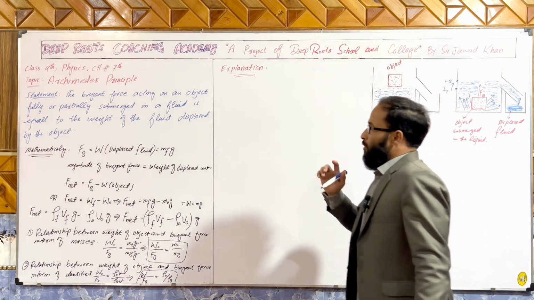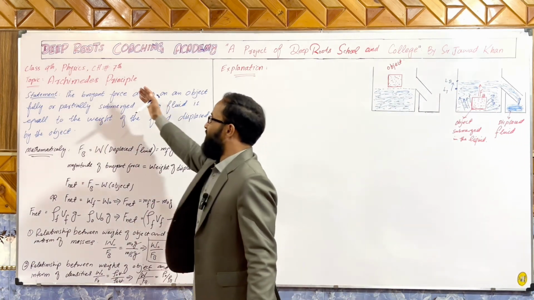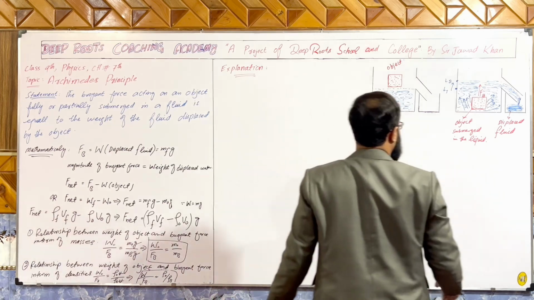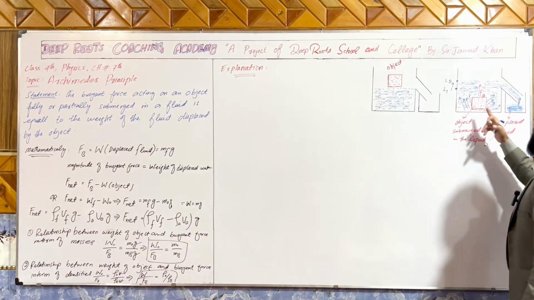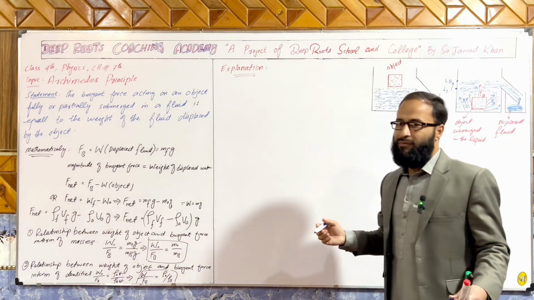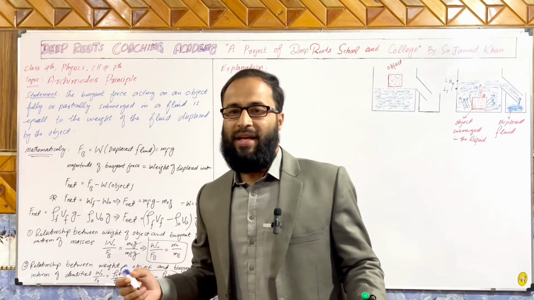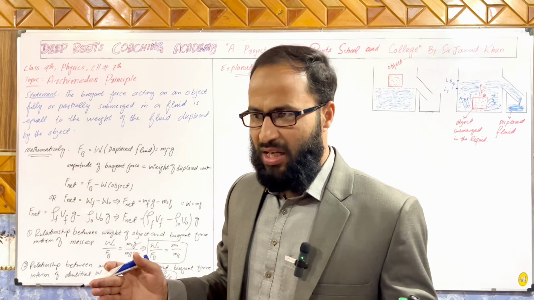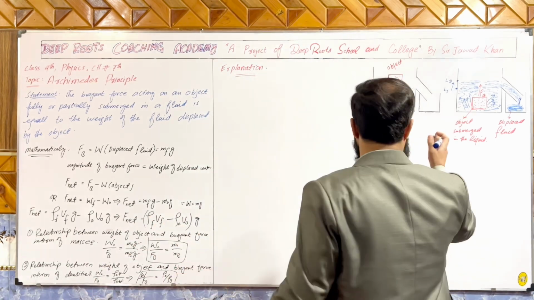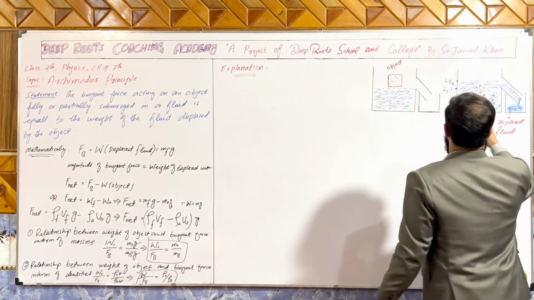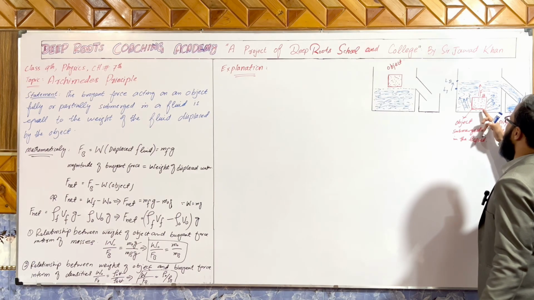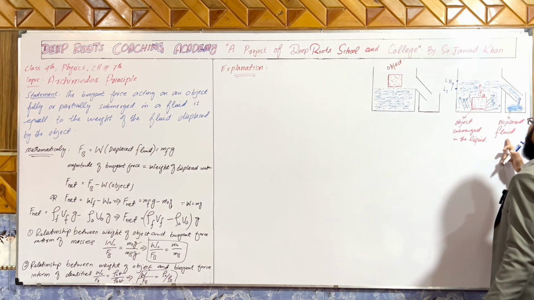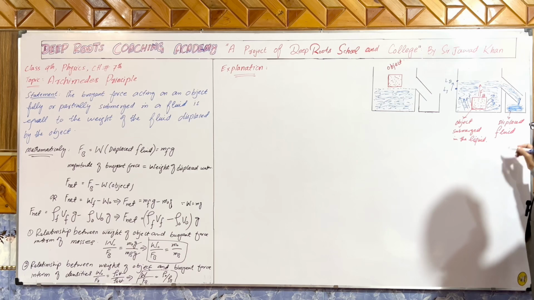Archimedes says that the buoyant force on this object, and you know the buoyant force is the force exerted by the fluid which is displaced by the object, will always be equal to the weight of the displaced water or fluid.